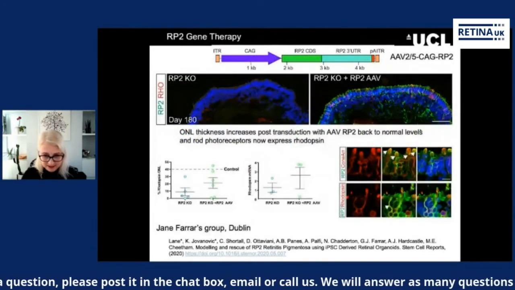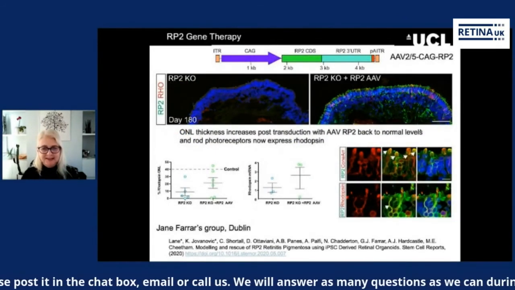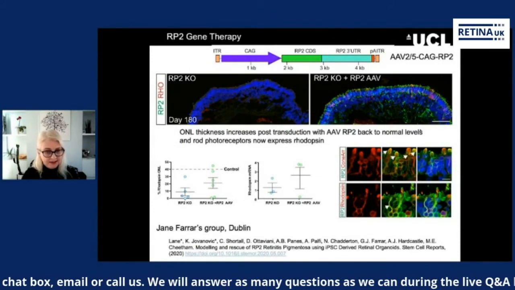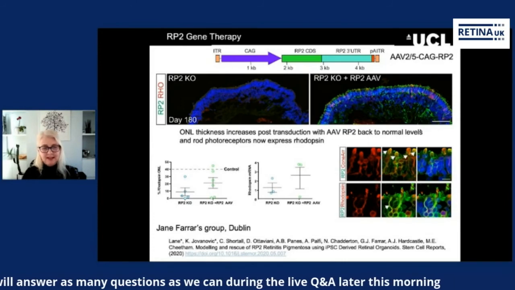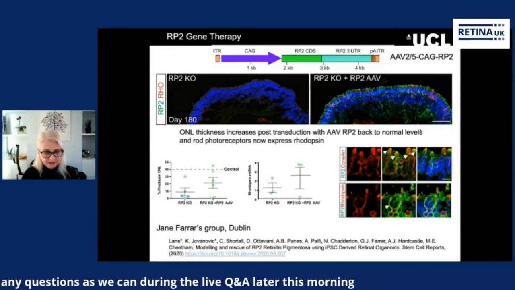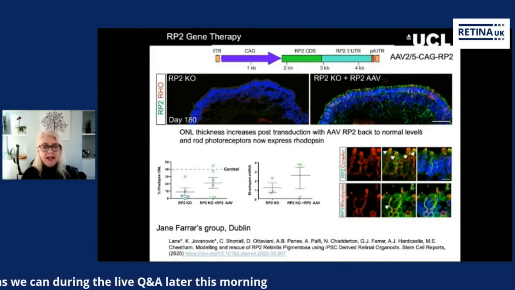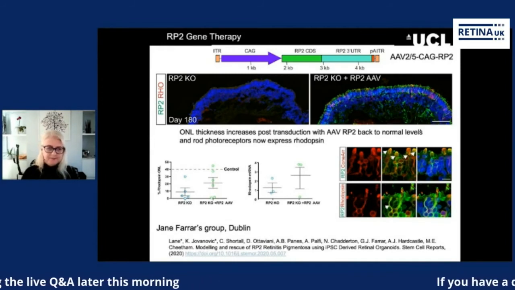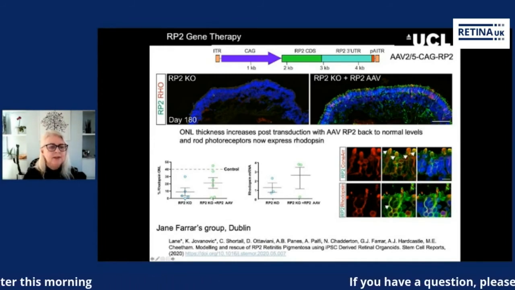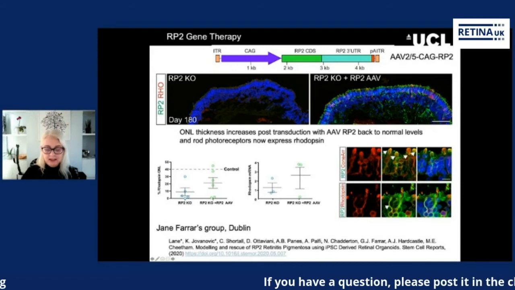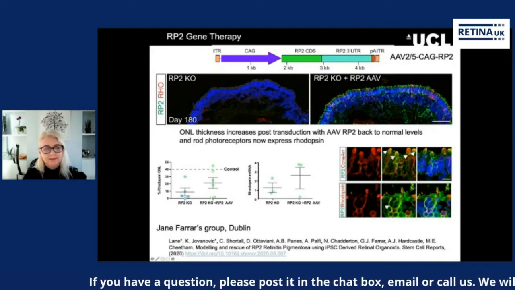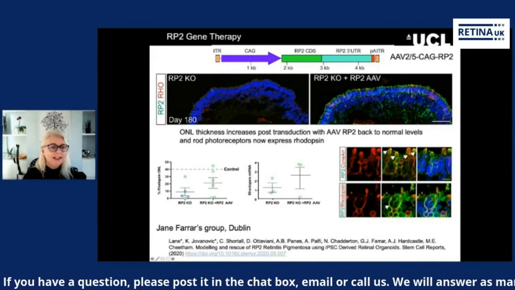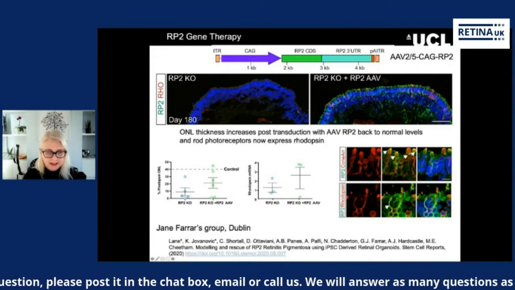We went a step further because not only can we model the disease in a dish, but we can also test therapies. So similar to the read-through therapy that we used before, this time what we tried in the retinal organoids was actually gene therapy. So you can see in the retinal organoid on the left, this is a gene-edited CRISPR knockout RP2 organoid. And you can see there's no green here at all because it doesn't have RP2.